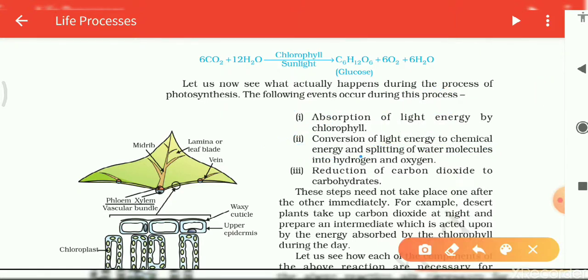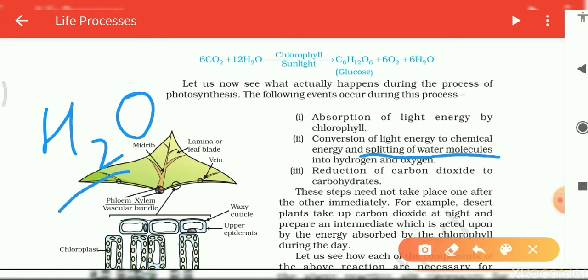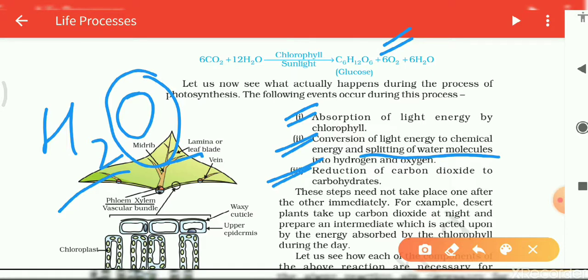And splitting of a water molecule. Students, see here the formula of water is H2O. Then by splitting of the water molecule, hydrogen is separated here and oxygen is separated here. That's why oxygen comes out during this reaction. Okay, then the third point is that carbon dioxide is converted into carbohydrates.